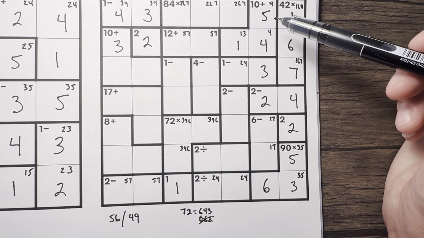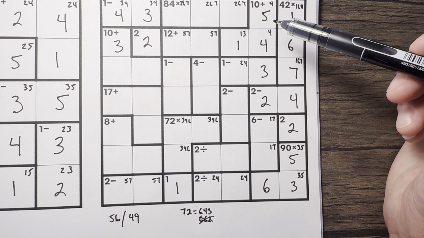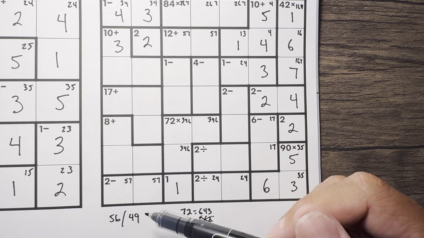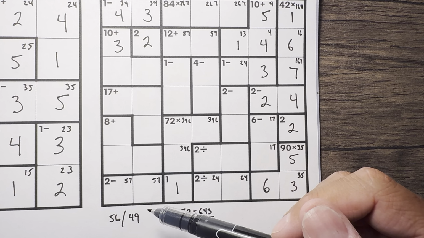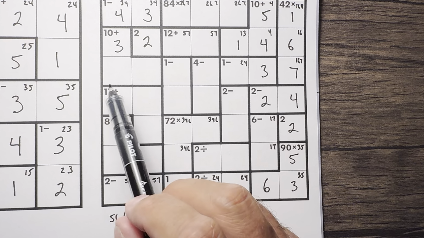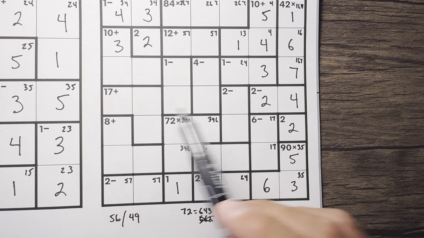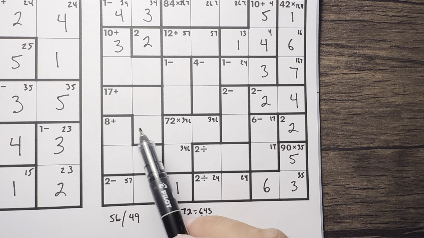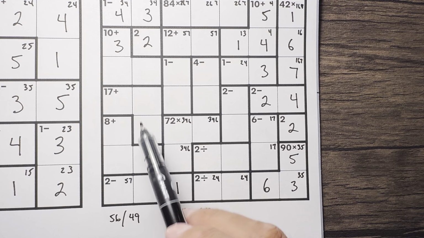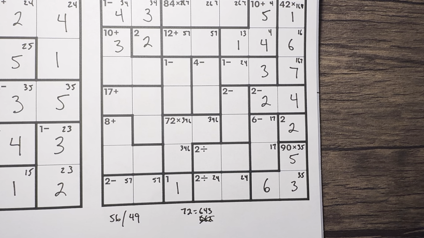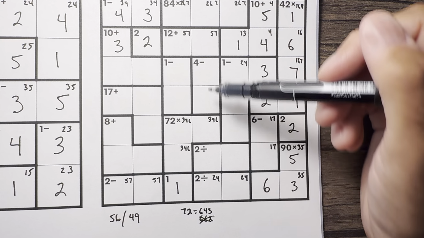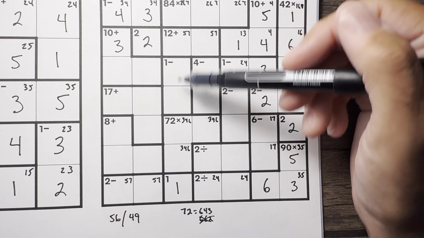Usually 5s are tough to place. But these are going to give us every option for a 5. I can put 5s here, I can put 5s here, I can put 5s here. Got 5s there that cover these.